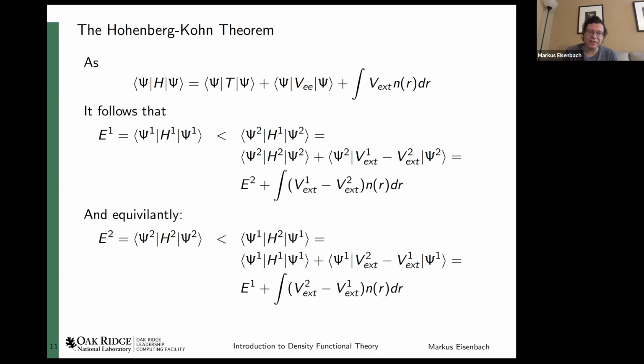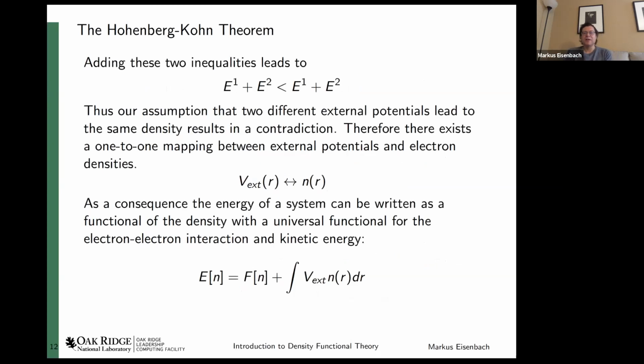If we add these two together, we find that we have two external potentials that give rise to the same charge density. We have this strict inequality: E1 plus E2 has to be strictly smaller than E1 plus E2.